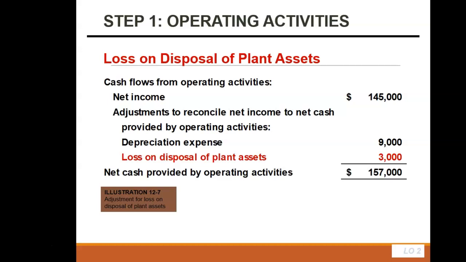Any non-cash expenses such as depreciation will be added back into our accrual-based net income. If we have a loss on disposal of a plant asset, that will also be added back into the accrual-based net income to calculate our cash-based net income.